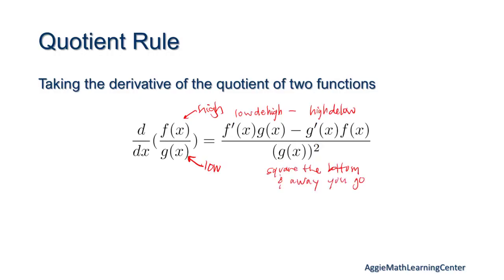That's beautiful. Yeah, so that's how I remembered it for actually 10 plus years. So low d high minus high d low, square the bottom, and away you go. And if it doesn't rhyme, then you know that you've got it wrong, right? Because if it doesn't end in low on that second phrase, then it won't rhyme with go. So if that's helpful for you, that's good. But if not, then you can just think I'm crazy, and that's fine too.